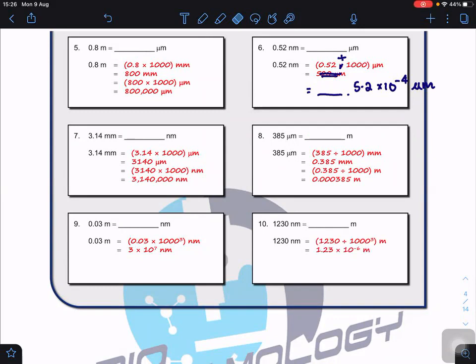That's why it is to the power of 3. You can keep your answer in standard form, but very seldom. Most of the time we put the full answer, unless it's a very small value or a very large value, then we put it in standard form. Okay, with this, I've done this part, unit conversion.